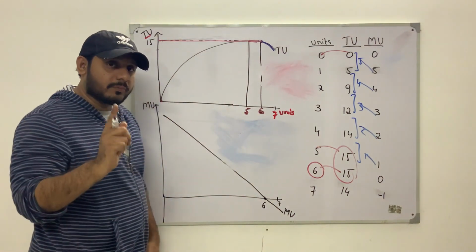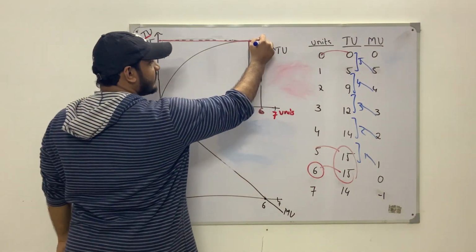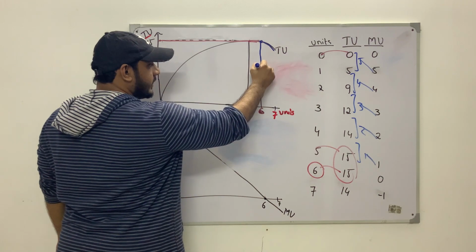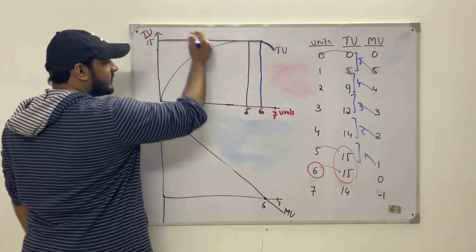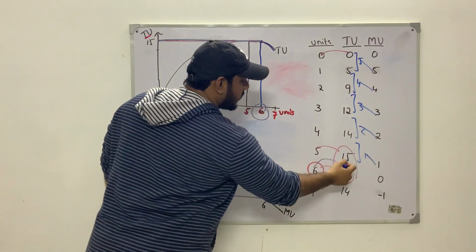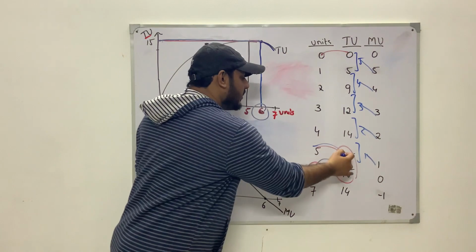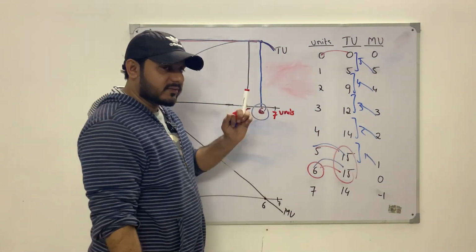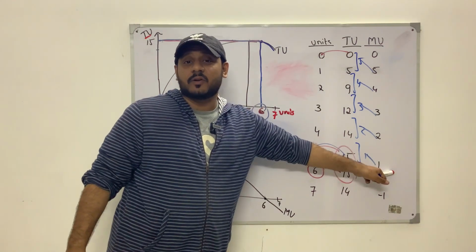The second most important takeaway from this graph is that at the sixth unit, the total utility is the maximum, because the sixth unit of chocolate gives a total utility of 15. But hold on, so does the fifth as well. So we know that the fifth and the sixth unit give the same utility, which means that the marginal utility is 0.